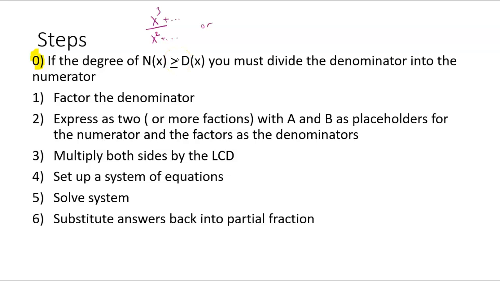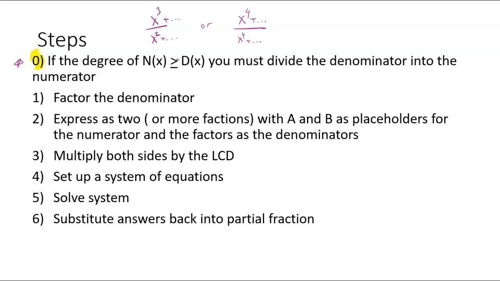Or they could have the same exponents in both the numerator and denominator, maybe like x to the power of 4 over x to the power of 4. If you see something like that, we have to do step 0, divide, and then we can continue with our 6 steps.